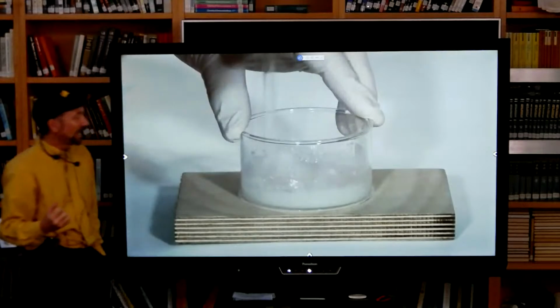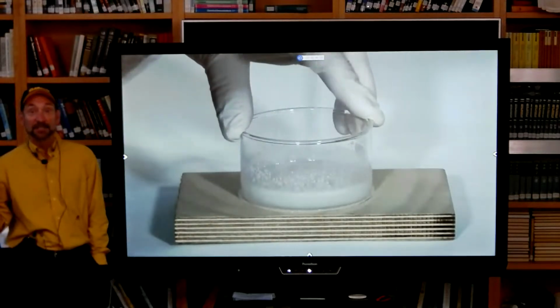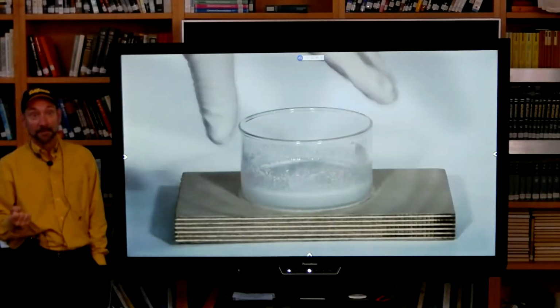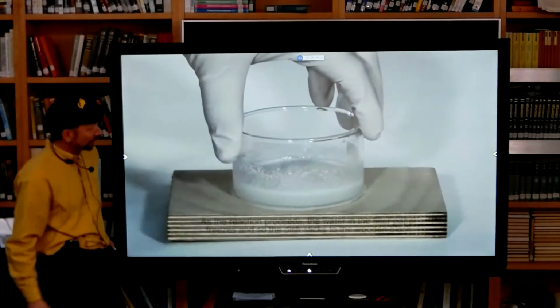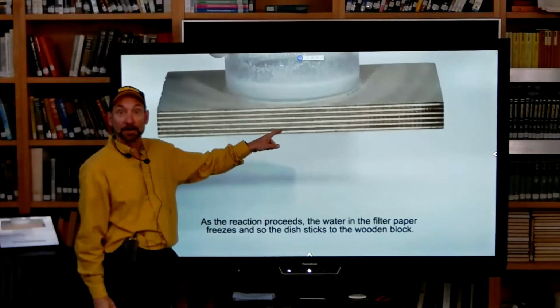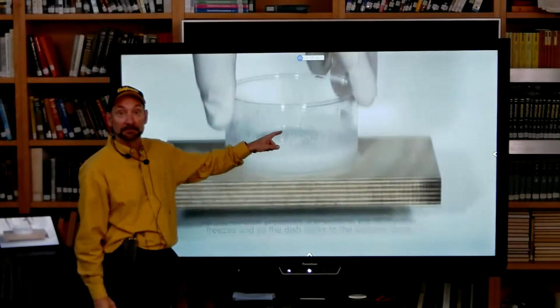And that chemical reaction is extremely endothermic. It's so endothermic that it freezes the board to the beaker.